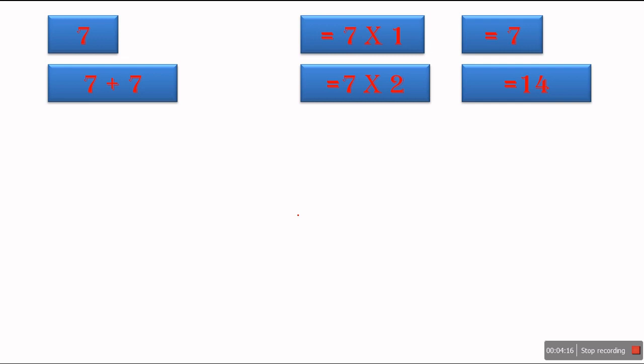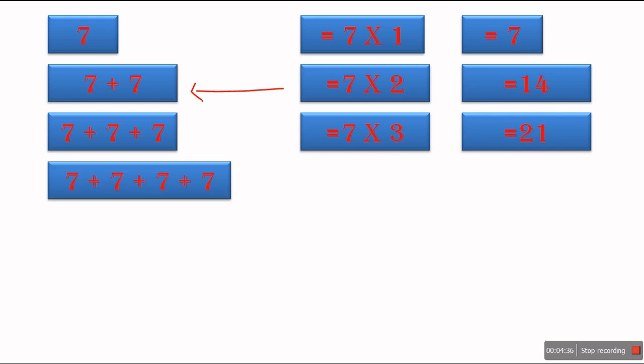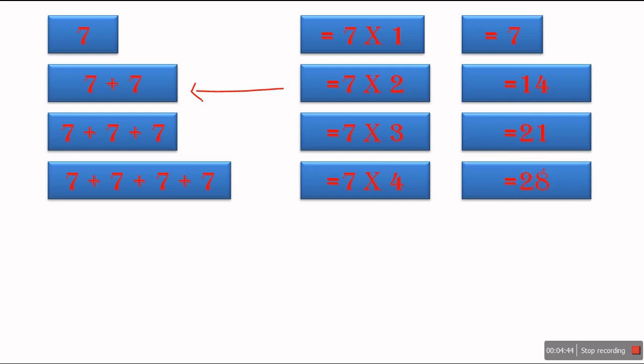So multiplication is repeated addition. 7 plus 7 plus 7 means 7 is added 3 times, so 7 into 3, 21. 7 is added 4 times, 7 into 4, and 7 4s are 28.